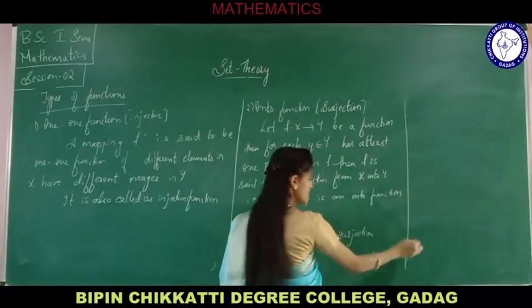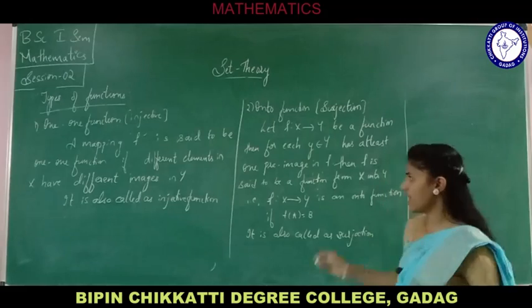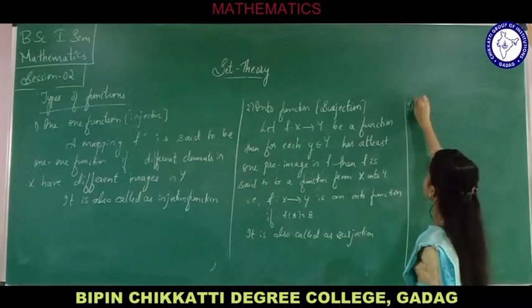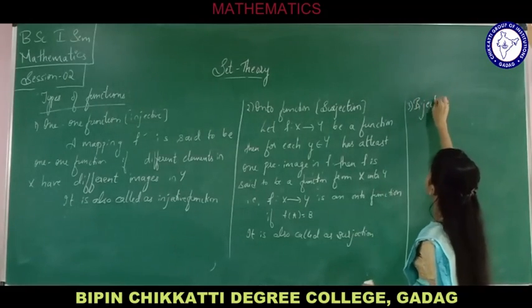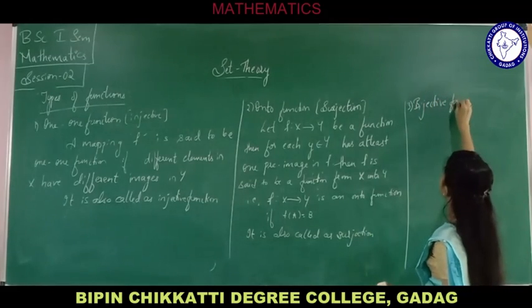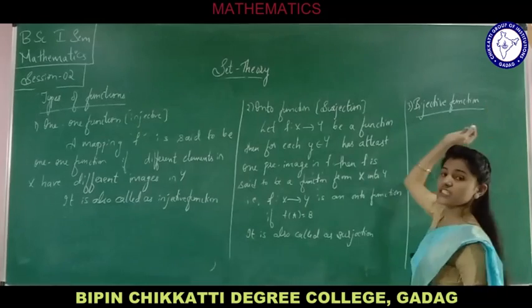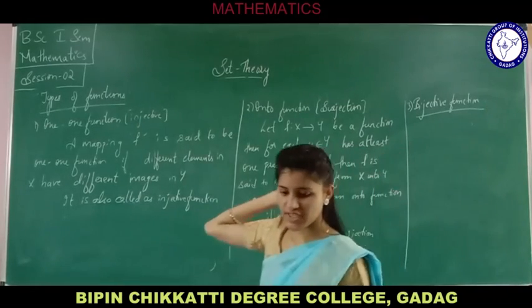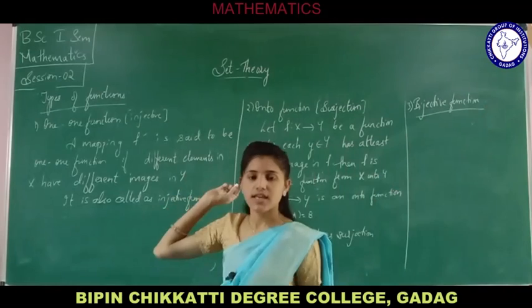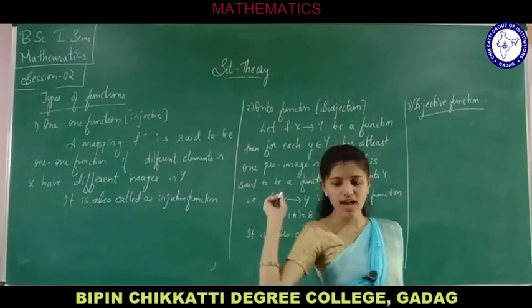We have another function called a bijective function. How are we going to define this? A function f is said to be bijective if it is both injective and surjective.